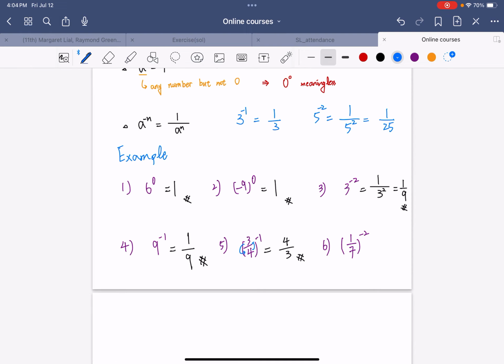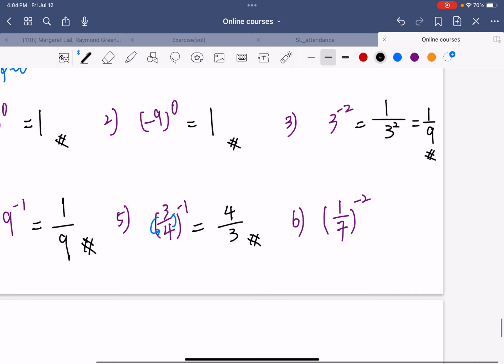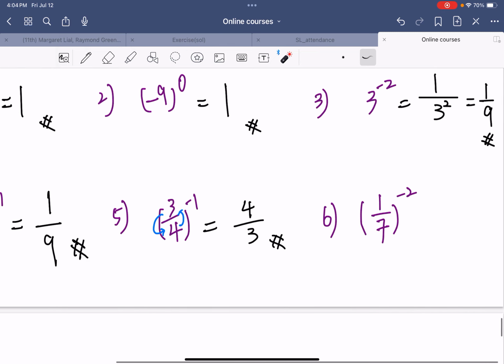Okay, and the last part we have here is 1/7 with power of -2. So we're going to write, okay, do it slowly, 7 with power of 2 in the denominator and 1 in the numerator.